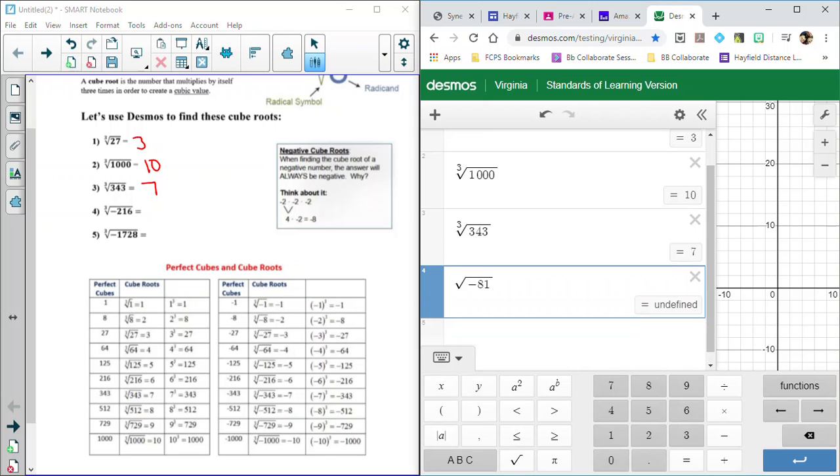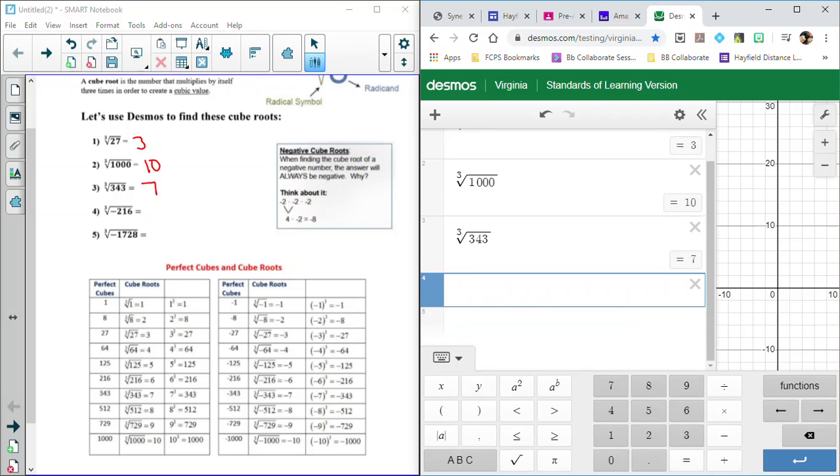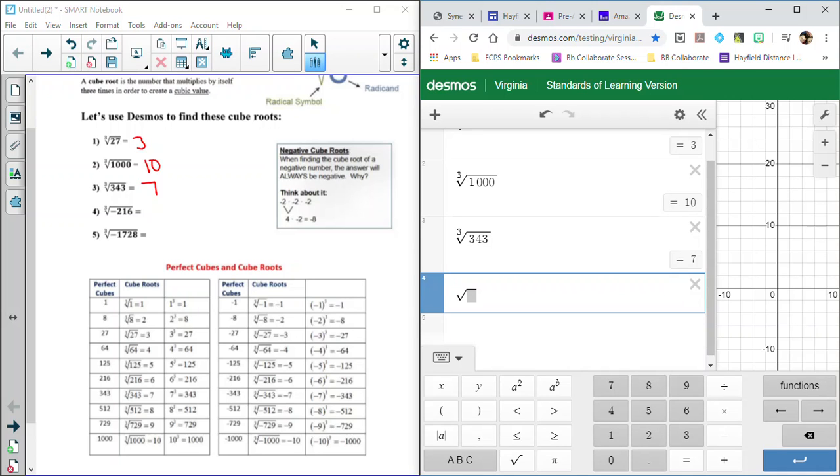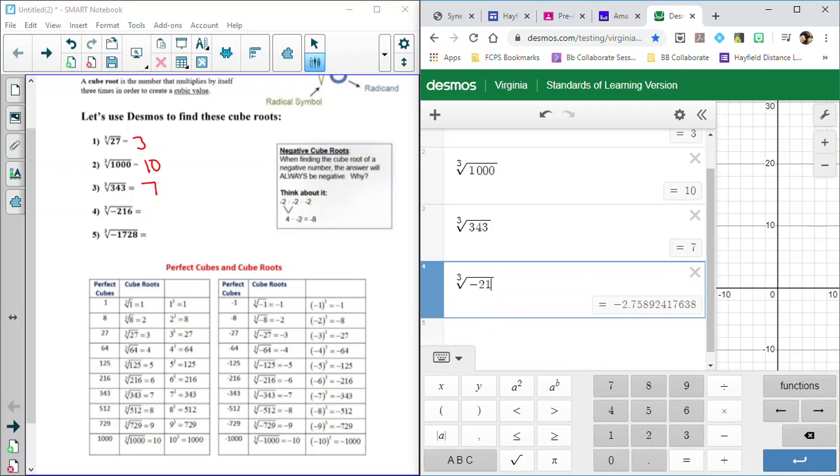Alright, but cube roots are a little different. So let's see what we can do for a cube root. So I'm going to come here, type my 3 in, and this time I'm going to do negative 216. And what happens? Well, now we find that the cube root is also negative. So if the inside number is negative, my cube root is also negative.